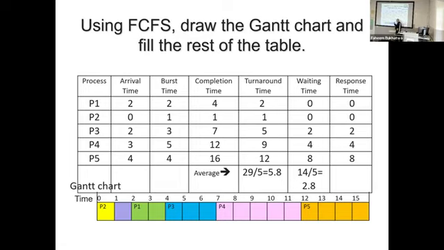Remember, CPU can only run 1 program, and this is non-preemptive. So 2 and 3 arrived at this time. No, 1 and 3 arrived at this time, but 1 started running. It's run for 2 seconds.